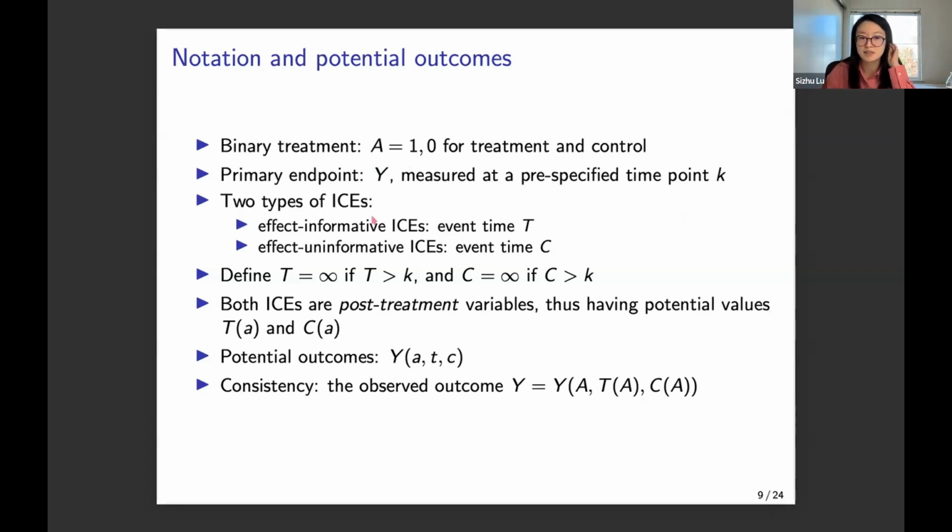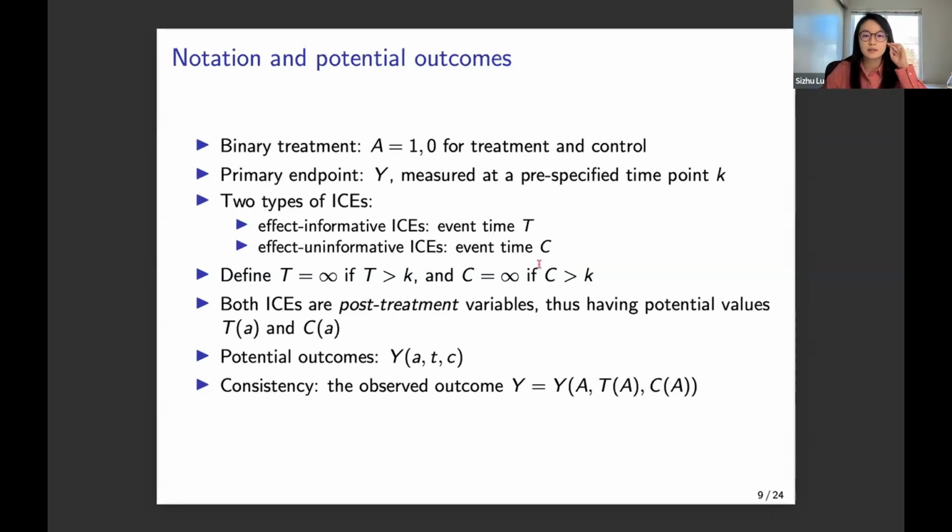There are 2 types of intercurrent events, as I just mentioned. We classify them into 2 parts, and we use T and C to denote the treatment effect informative and uninformative, respectively. So T will be the time to the adverse event in our motivating example, and C will be the time to the treatment discontinuation due to relocation.